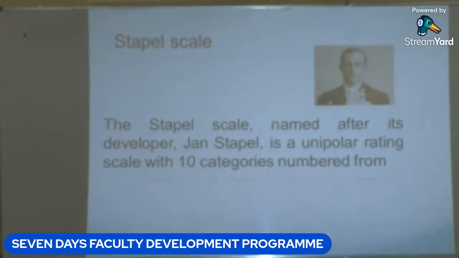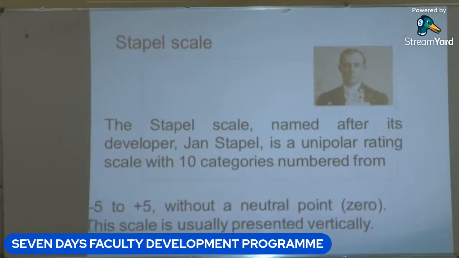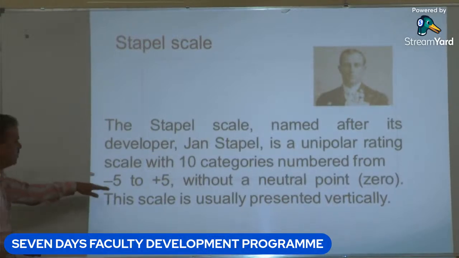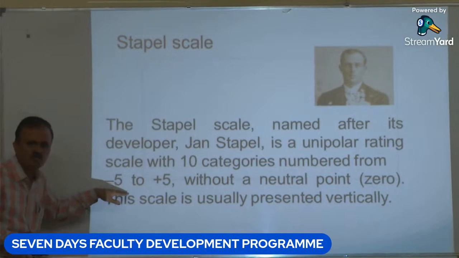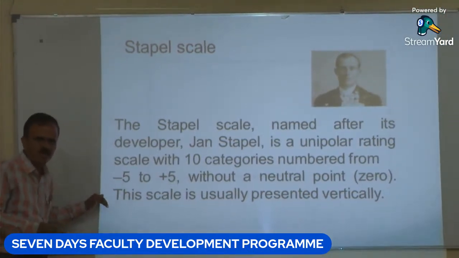Okay, it was invented by and named after its developer, Jan Stapel, and it is a unipolar rating scale with 10 categories. So it is unipolar. Earlier that was a bipolar one. It is unipolar with 10 categories. So you have some positive attitudes and you need to measure some negative attitudes.